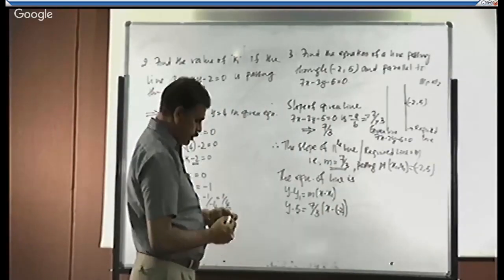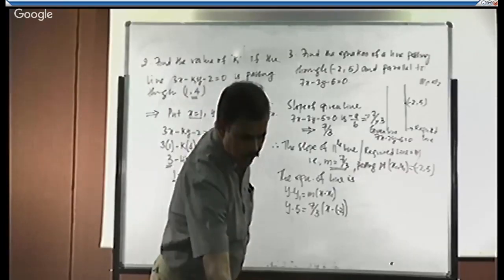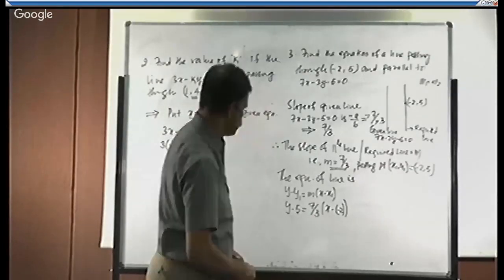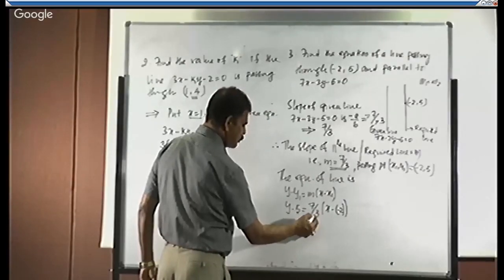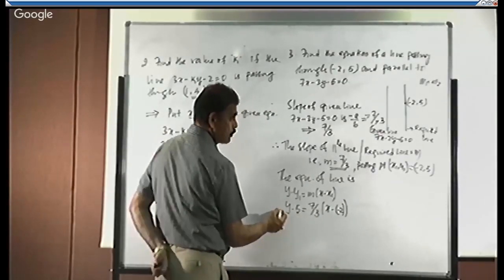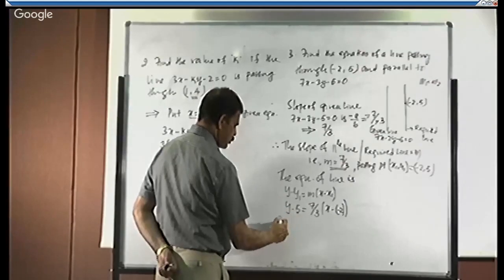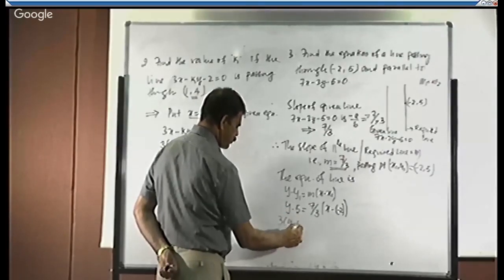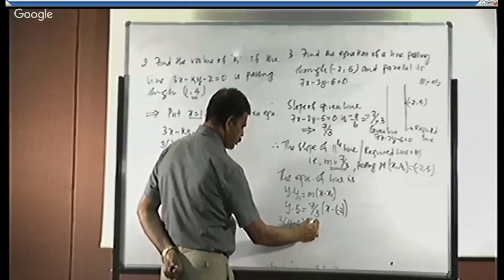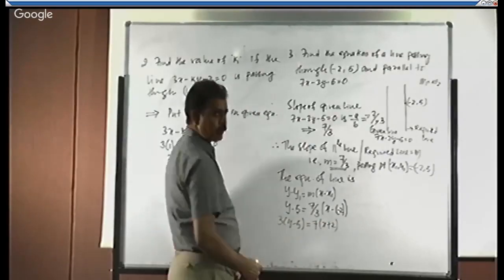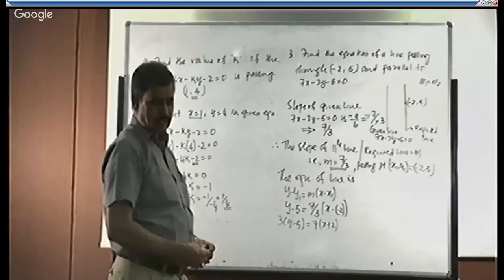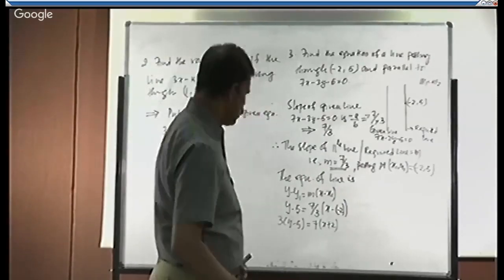The next step, we take cross multiplication. This denominator 3 is taken to the left side. It becomes 3 into y minus 5 is equal to 7 into x plus 2. Remove the bracket.